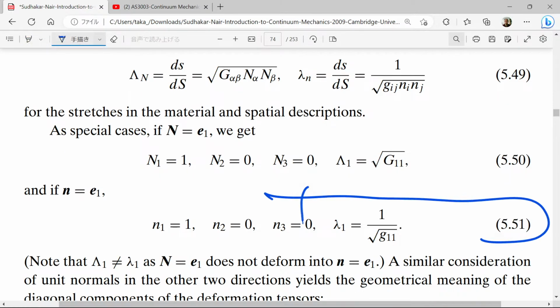We have this. See, G. This is the eigenvalue. You have eigenvalue like this.